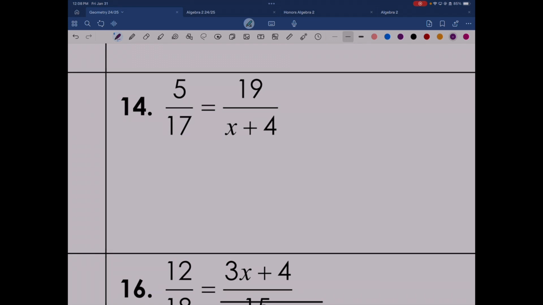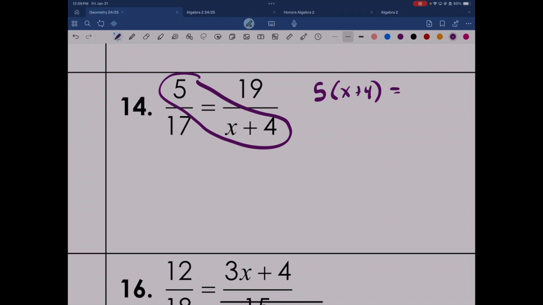So let's look at number 14. So we've got 5 over 17 is equal to 19 over x plus 4. Okay, we'll do one more together. So I'm going to go 5 times x plus 4. And I would caution you, make sure you write that down.